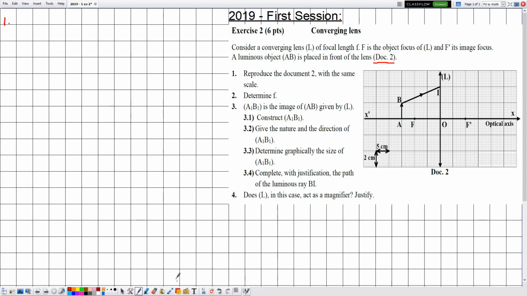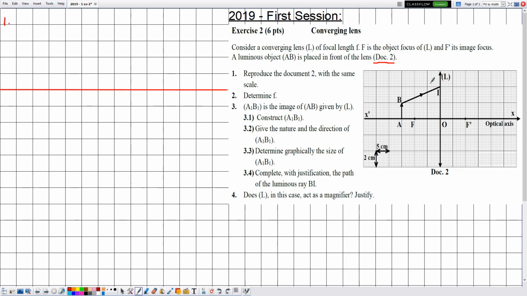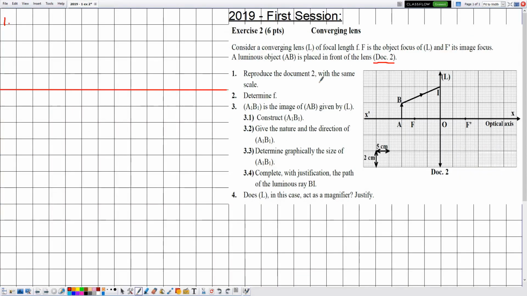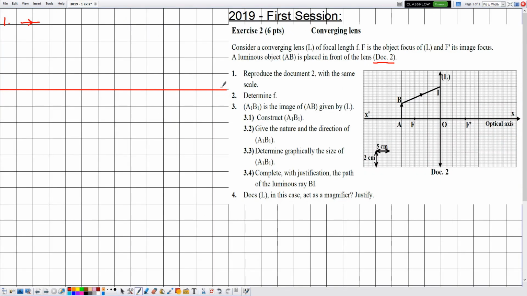Okay, so whenever we need to reproduce the document, we always start by drawing the optical axis at the center. This is the optical axis. Notice that here they didn't indicate the direction of propagation of light, but from this arrow we can know that the direction of propagation of light is from left to right, having the same direction as the optical axis, positive x-axis.